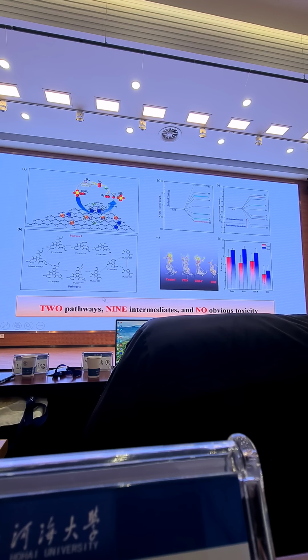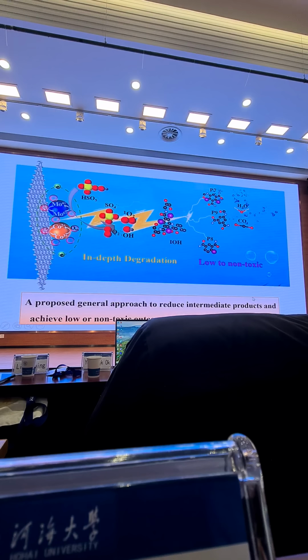We have looked into the 2 pathways, 9 intermediates, and no obvious toxicity. That's also for the ecological restoration. We don't want, in the process, to introduce additional environmental problems. So during our design of the biochar process, that's a key component we have to take into account.